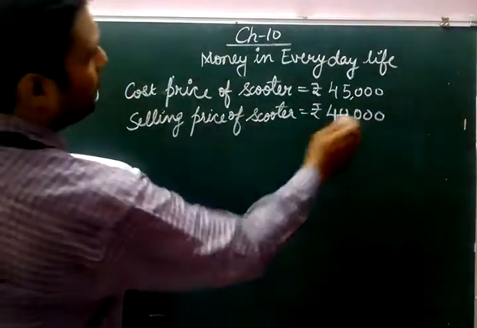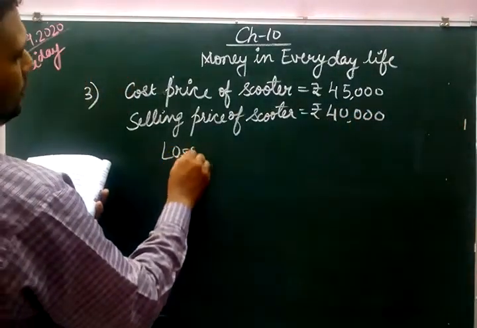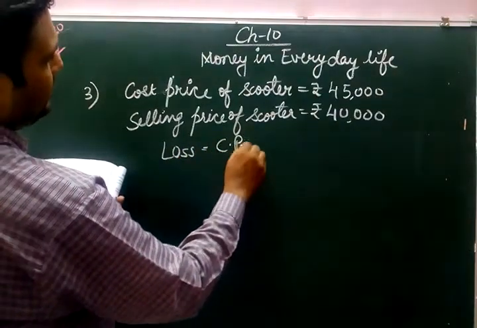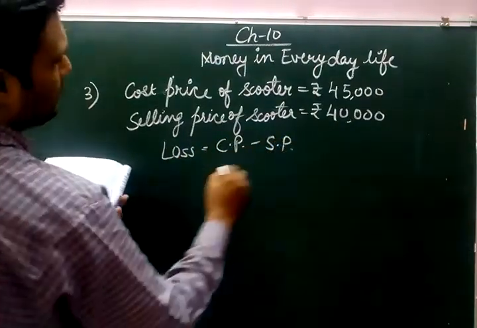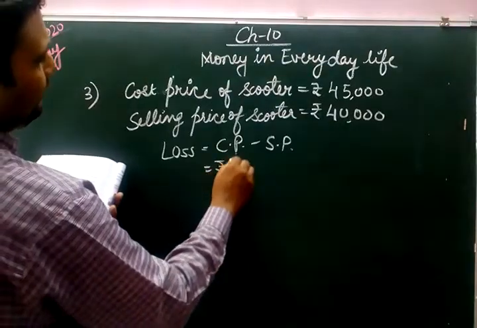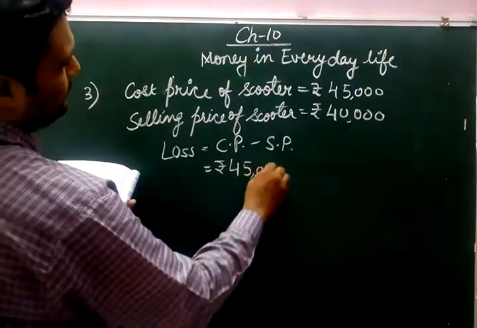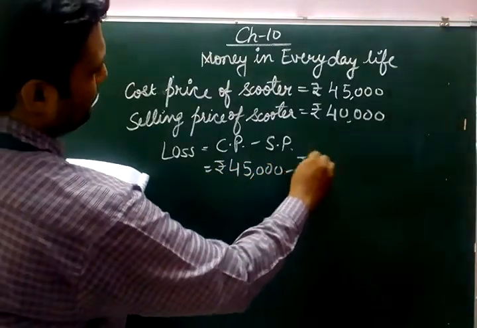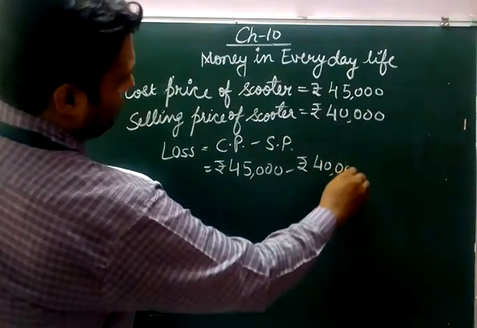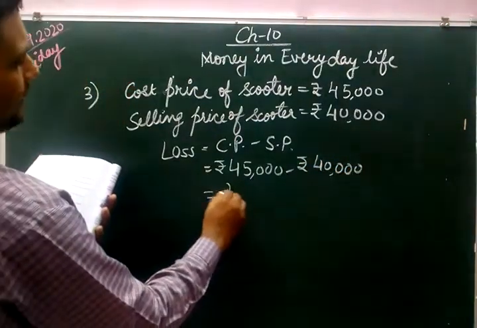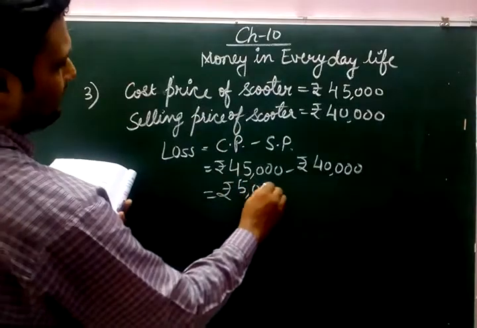Now we have to find the loss. Loss is when cost price is greater than selling price. So rupees 45,000 minus rupees 40,000. So we have a loss of rupees 5,000.